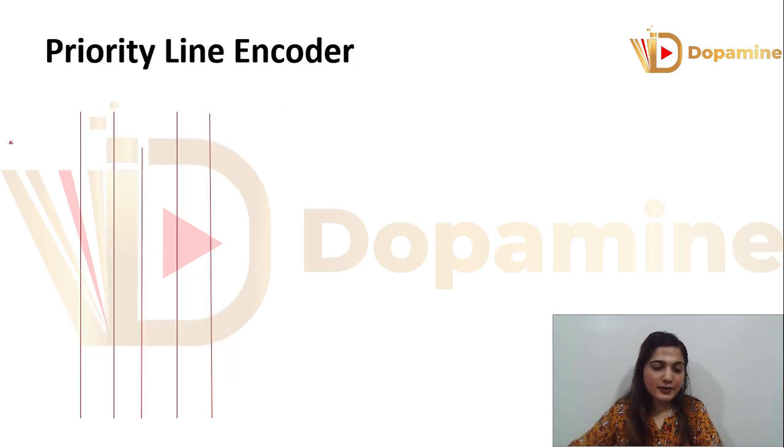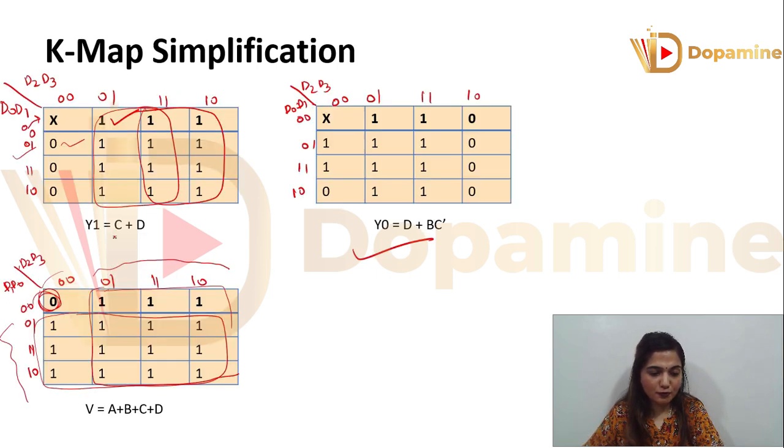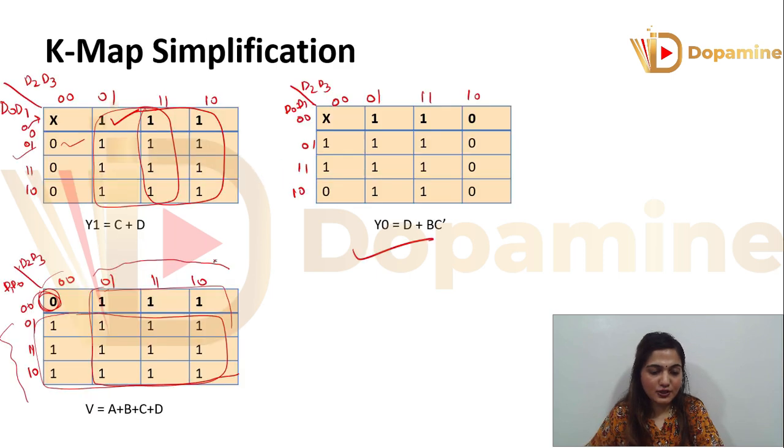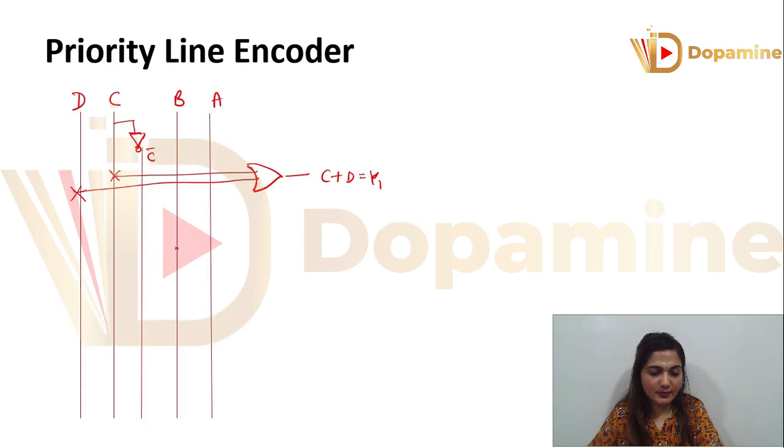So now coming to the priority line encoder. I am going to have the 4 inputs D, C, B and A. I need the C bar also, so I am going to take C connected to the inverter and here I am going to get C bar. Now the output Y1 is C plus D. So I am going to take C and connect it with D through an OR gate, so here I get C plus D as Y1. Now Y0 is D plus BC bar.